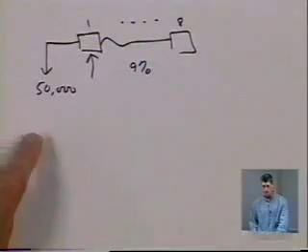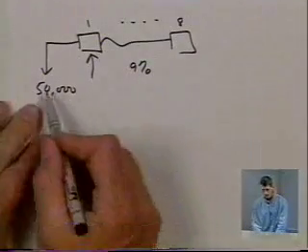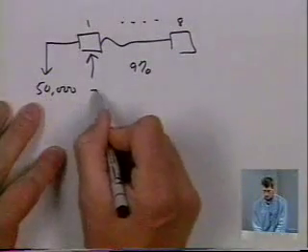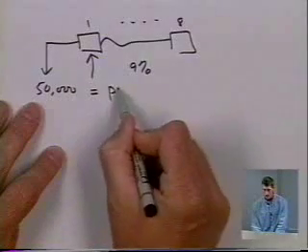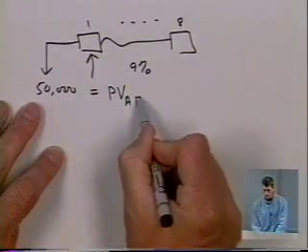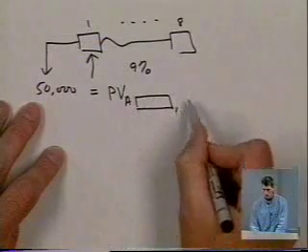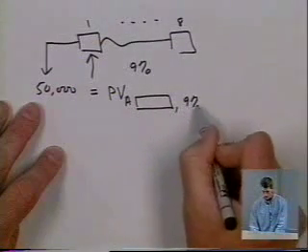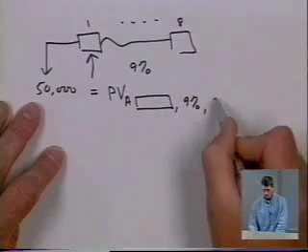And so the way we set this up, we know that $50,000 is equal to the present value of an annuity, and that's what we're trying to figure out, at 9% for 8 periods.